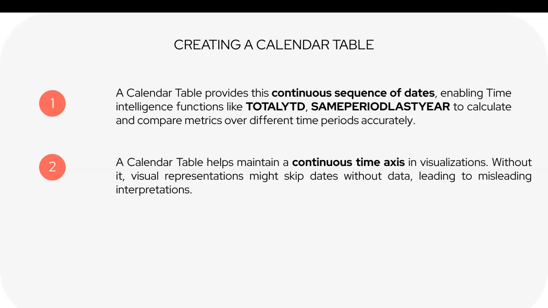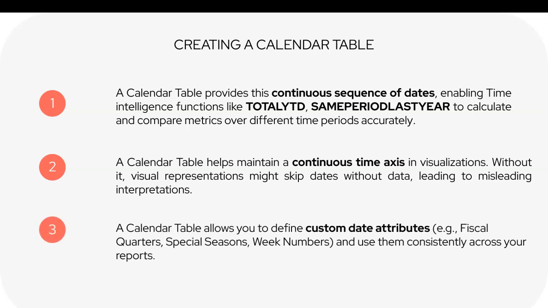The calendar table will show that. But if you don't have a calendar table, you'll probably jump from May to August and will not really appreciate what happened during that gap, right? So when you create a visual from a calendar table, it helps maintain a continuous time axis. Without it, you may have misleading interpretations, right?